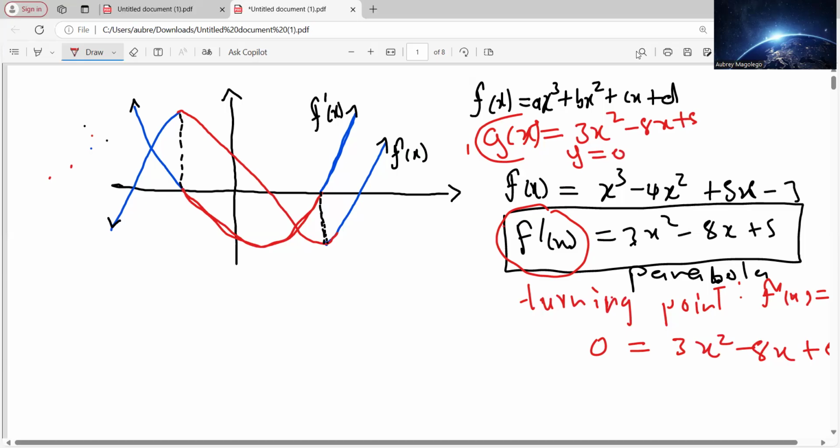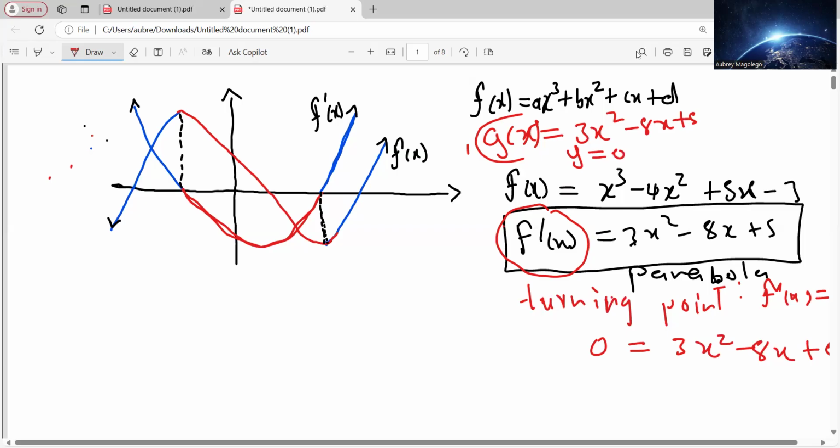Therefore, wherever you see f prime of x, you put 0 and solve for x, which is the same way we get the x-intercept of a parabola when it's given as a random graph like g. Then we just say for x-intercept, y is equivalent to 0. Wherever we see y, we substitute 0, which is g of x.